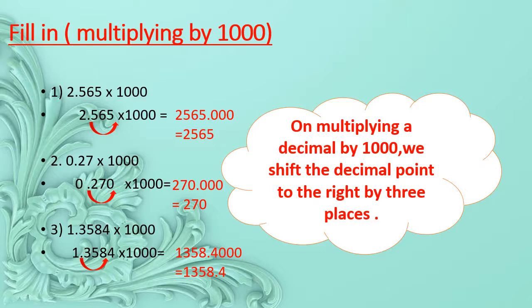What we are going to have is 1358.4000, or we can call it 1358.4. So students, this is how we are going to multiply decimal fractions by 1000.